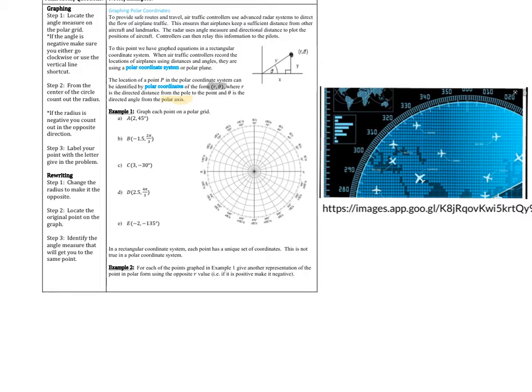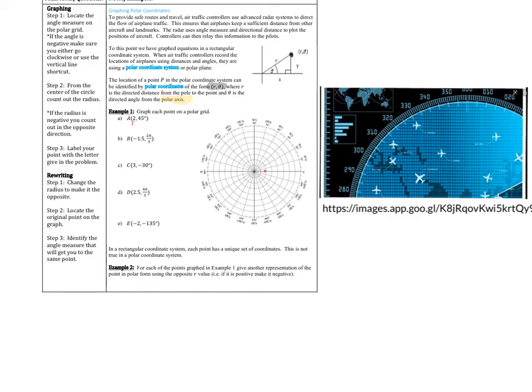So when we graph our points, we're going to first look for the R. On this point A, we're going to look for an R of 2, a radius of 2. So I'm going to go out 2 spaces. I'm going to use my pointer so you can see what I'm talking about. So here's my origin. I go to the right 2 spaces.